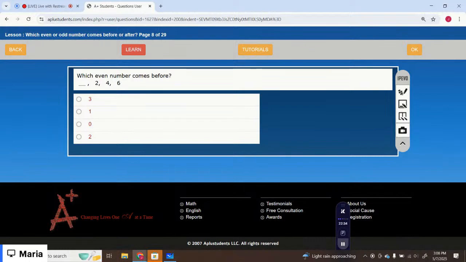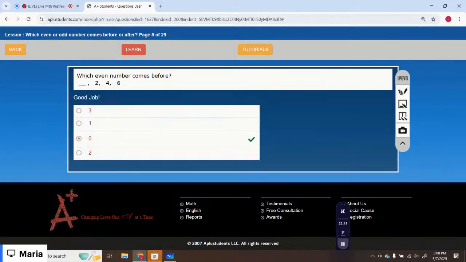The even number before 2 is 0. Option number 3 is the correct option.